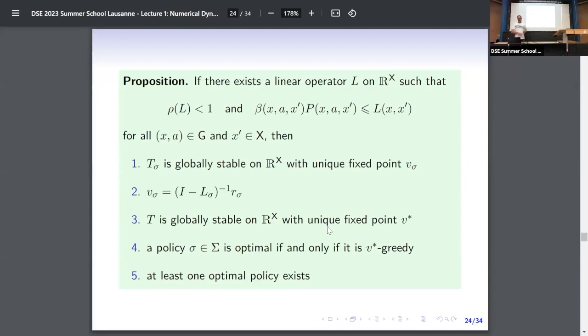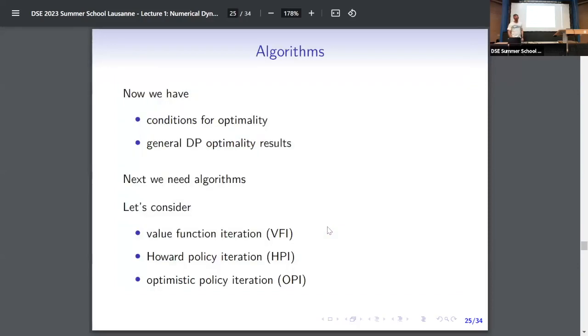So this is telling us that all the basic results of dynamic programming go through. And it's also giving us a little bit more information about how we might want to compute lifetime values. And that's going to be useful for us when we look at different algorithms.